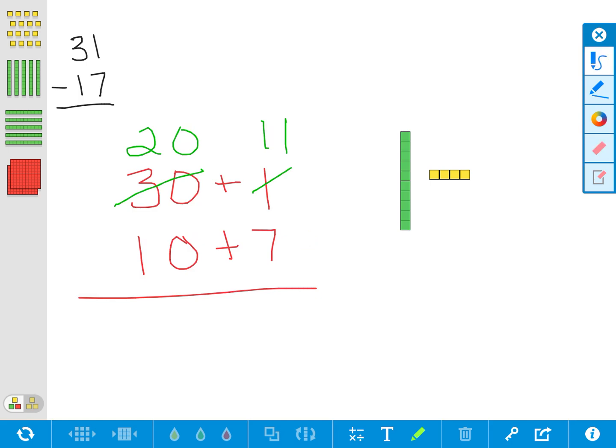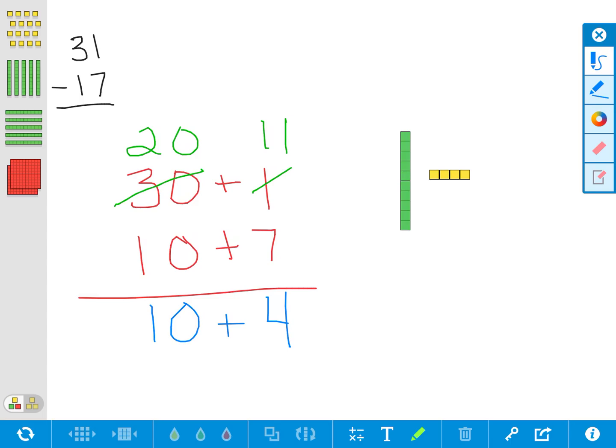So 11 minus 7 is 4. And then I had 20, and I need to subtract 10. 20 minus 10 is 10. So 10 and 4 1s is exactly what I had over here. Now this is an expanded form because we expanded the numbers.